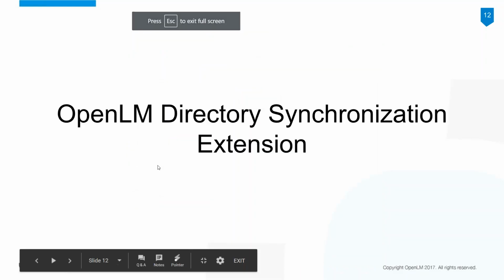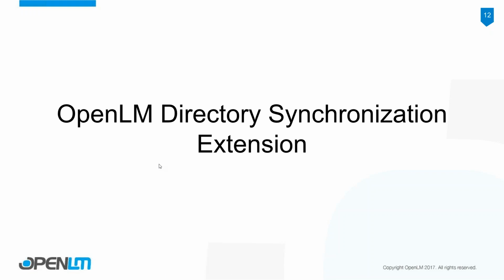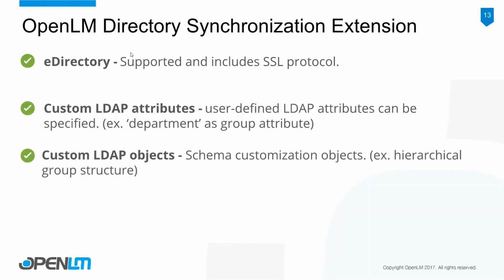Moving on, the next extension that we've enhanced is the directory synchronization extension, the Active Directory synchronization. Now, first of all, we've added eDirectory synchronization with SSL protocol supported. We've added custom LDAP attributes and custom LDAP objects.